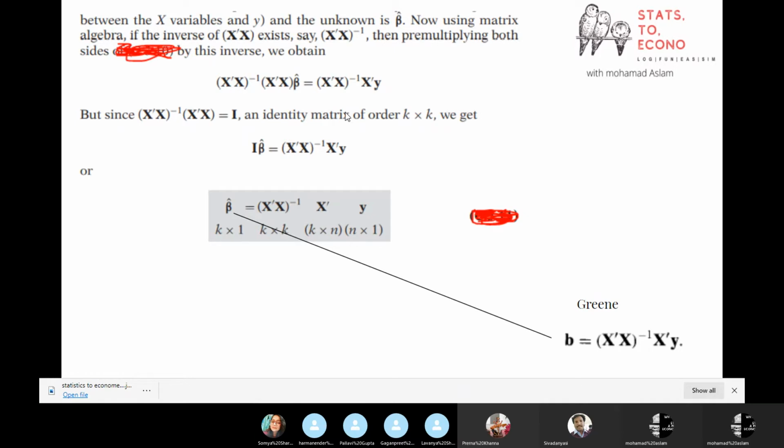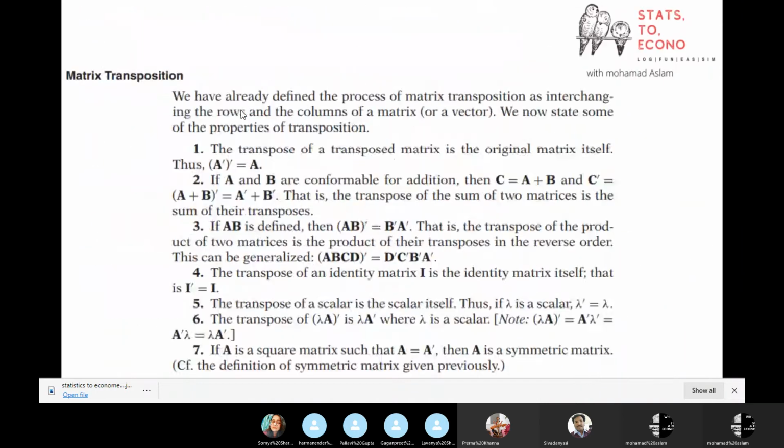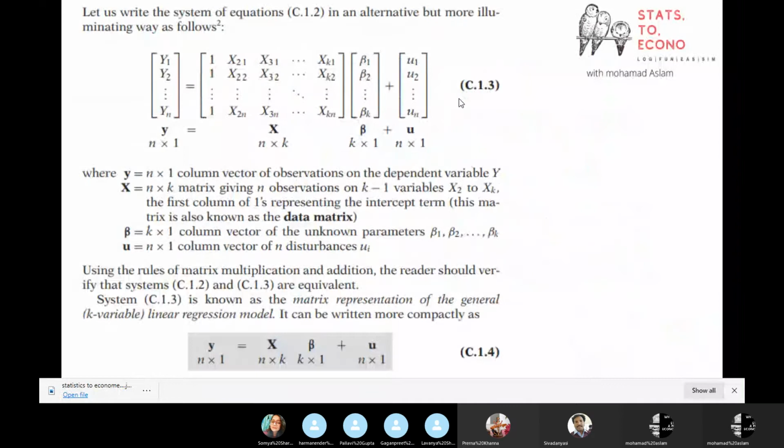So just multiply both the sides with the inverse of this matrix. Now, if you multiply any matrix with its inverse, it gives the identity matrix. This is again a property of matrices: A into A inverse, or A inverse into A, is equal to the identity matrix.